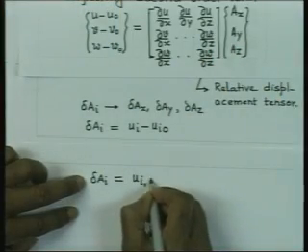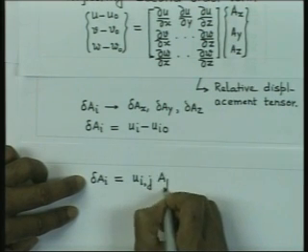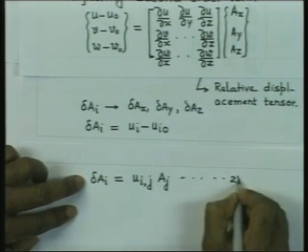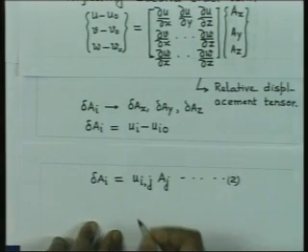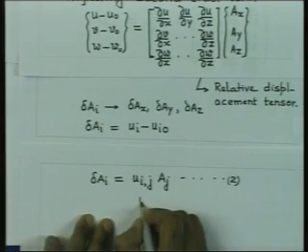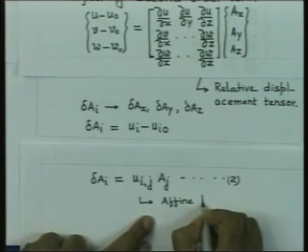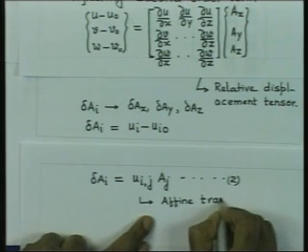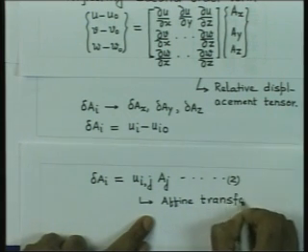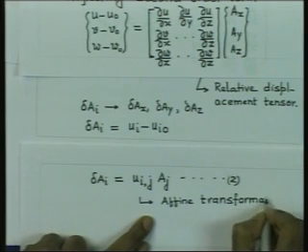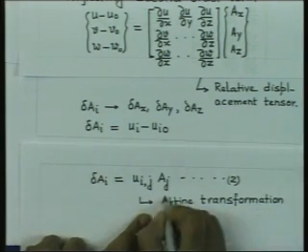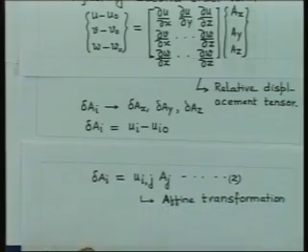So, we can now write delta ai is equal to ui comma j multiplied by aj. This is known as affine transformation.